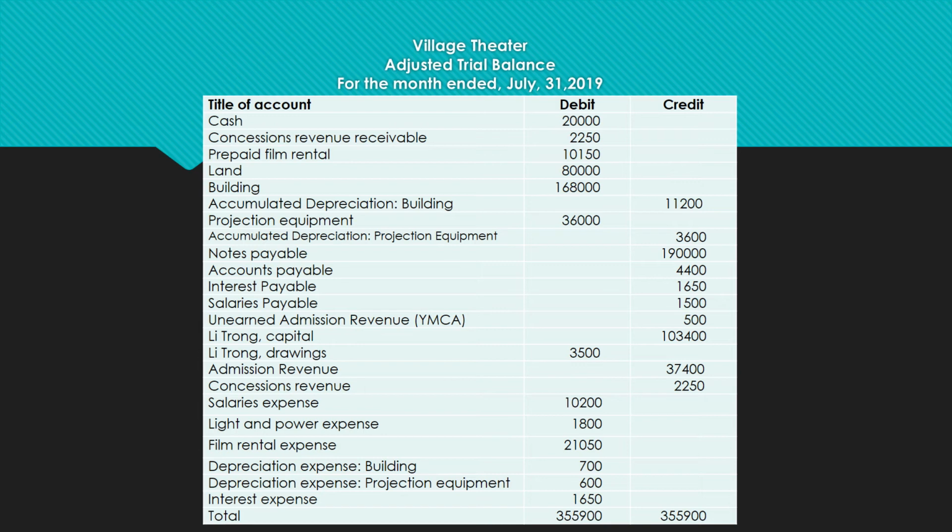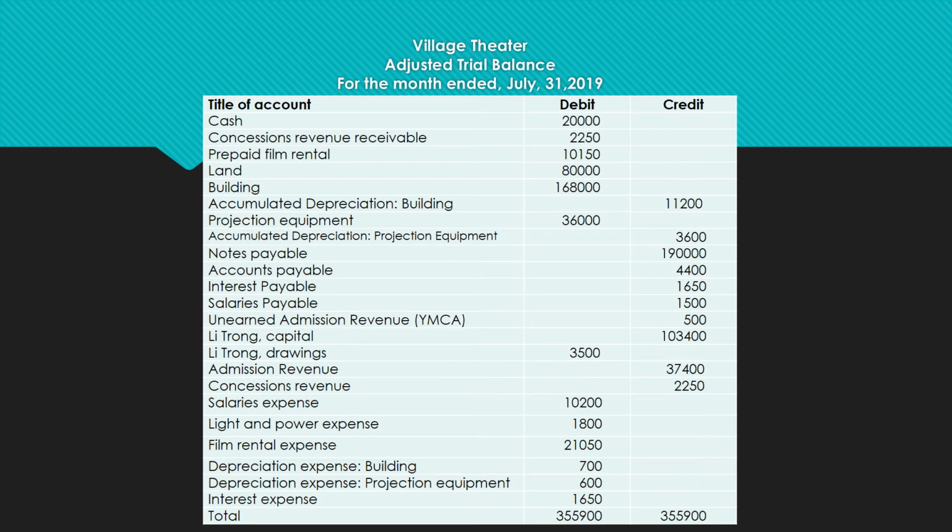Now accumulated depreciation before adjustments, which was given in the trial balance, was 10,500. Now depreciation expense on building charged for the month of July was 700. Now the new balance in accumulated depreciation on building is 11,200 recorded on the credit side, as a contra asset account is always recorded on the credit side.